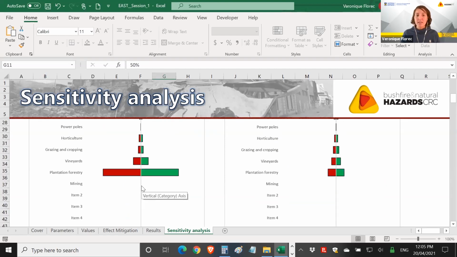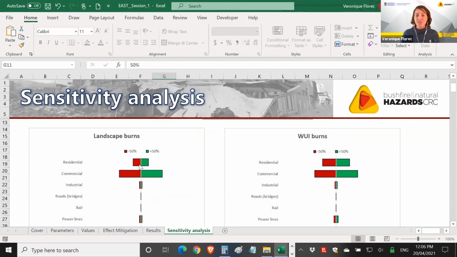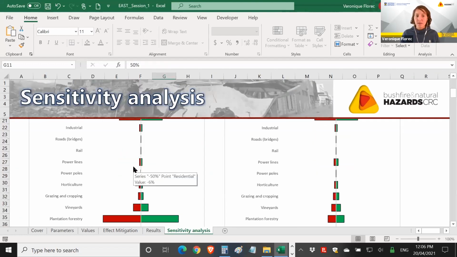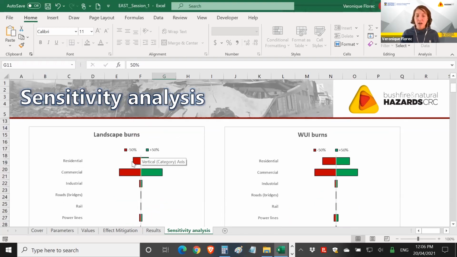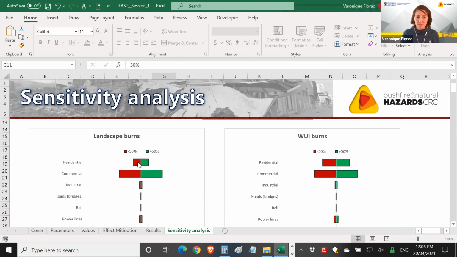So if I change the value of residential buildings by either minus 50 or plus 50, then the net present value, this result here, will only change by about, if I hover my mouse here, 6%, minus 6%.